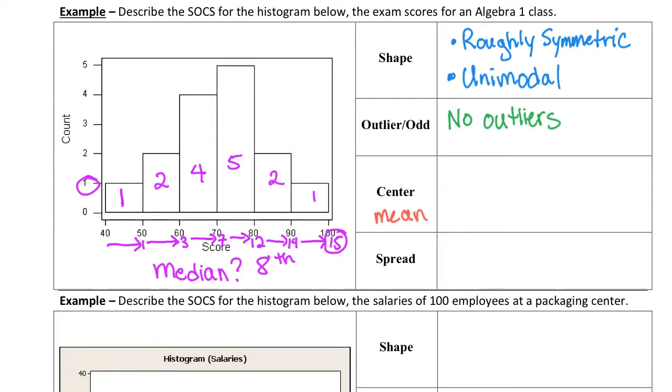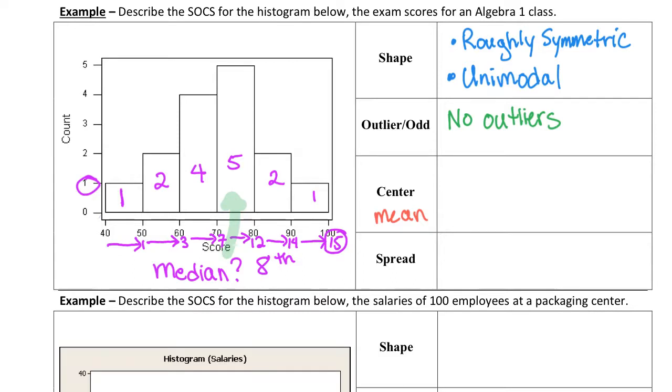My median is somewhere, I don't know exactly where. My median is somewhere in here. So it's somewhere in that bin between 70 and 80. I have no idea exactly what that number is, so I'm going to say approximately.